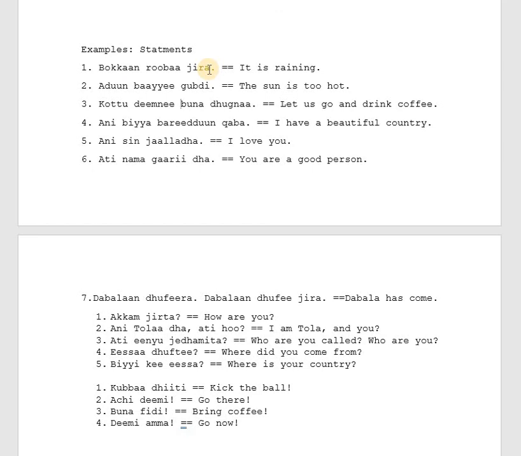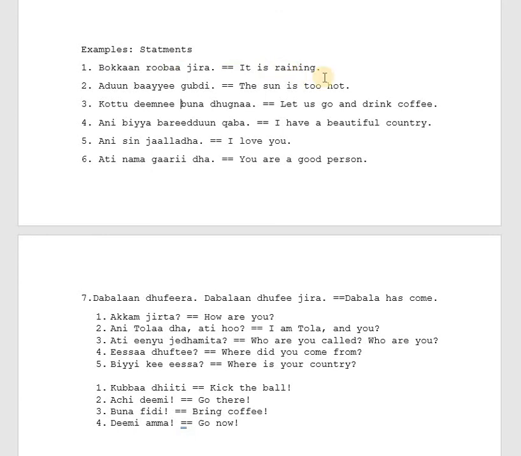Bokkaan roobaa jira is a present tense that is happening for some time. Like it is raining. So it is already happening and has been happening for some time, like the present continuous tense. So, bokkaan roobaa jira. As you can see, the rain is just kind of flipped.